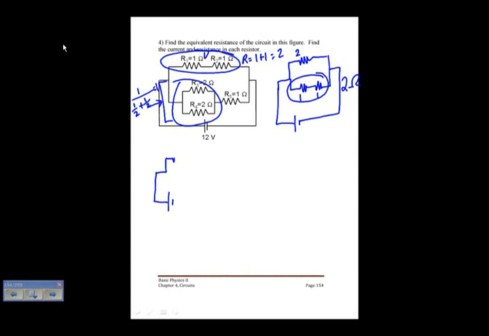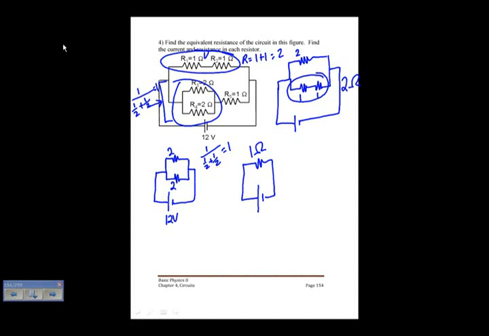So I'm left with a 2 and a 2, 12 volts here. And I know that this equivalent, just like I did before, is 1 over 2 plus 1 over 2 is equal to 1. So my final equivalent circuit is going to have a resistance equal to 1 ohm.